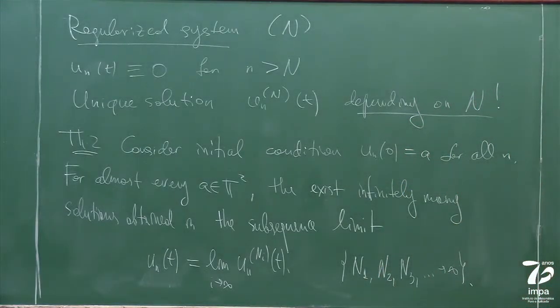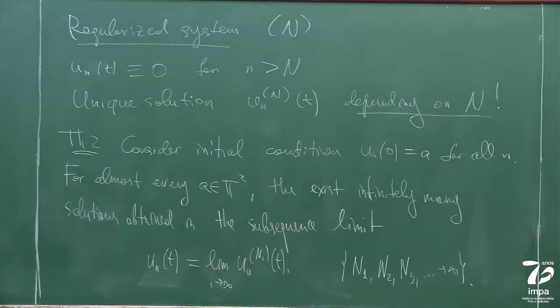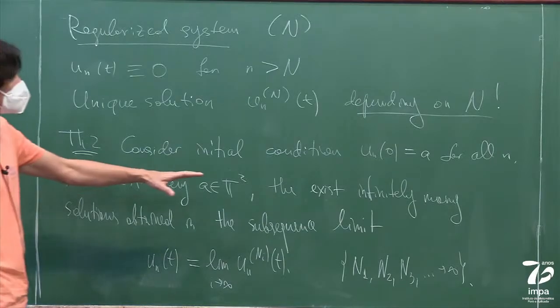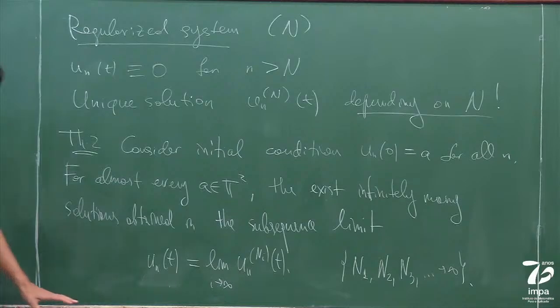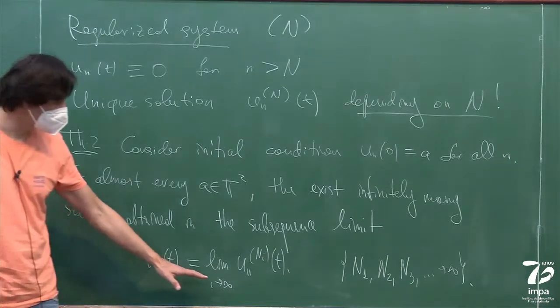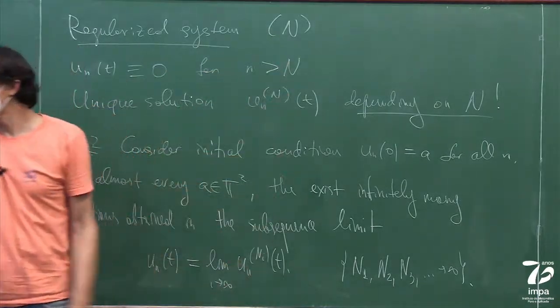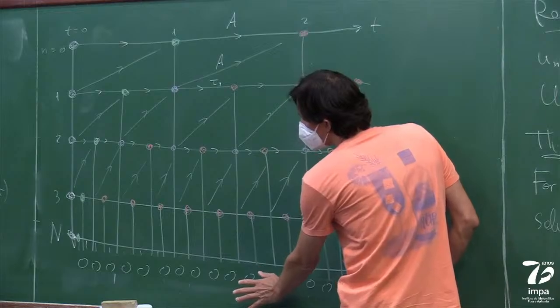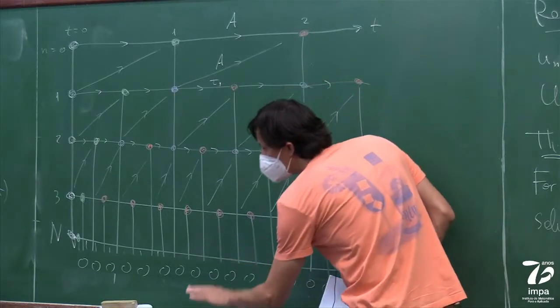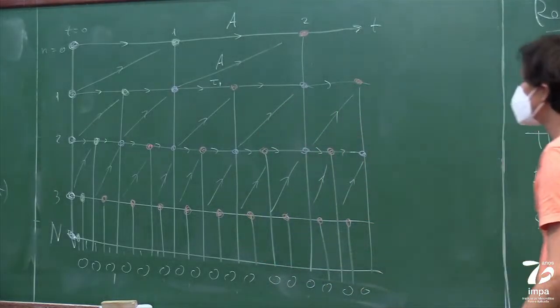So what it tells us is two things. The first thing is that for almost every initial condition of this form, we don't have a limit of the solution when n goes to infinity. So what we want to do, we put regularization at certain capital N, and the natural thing would be to move this scale to infinity, just like we do with viscosity.